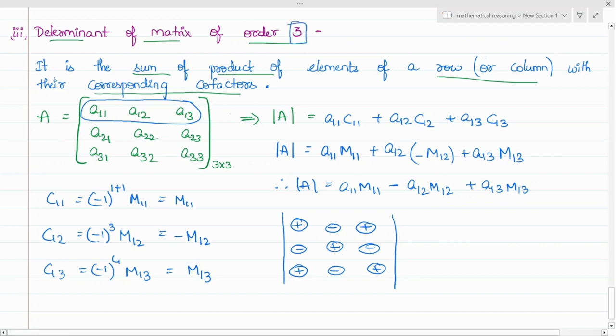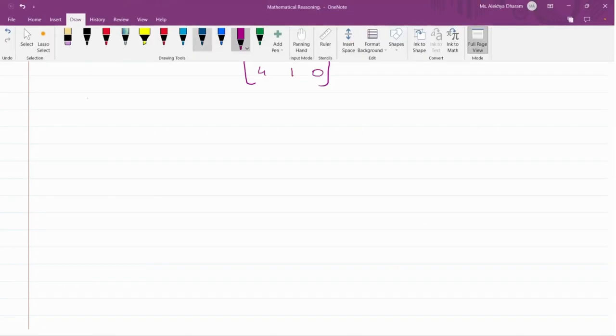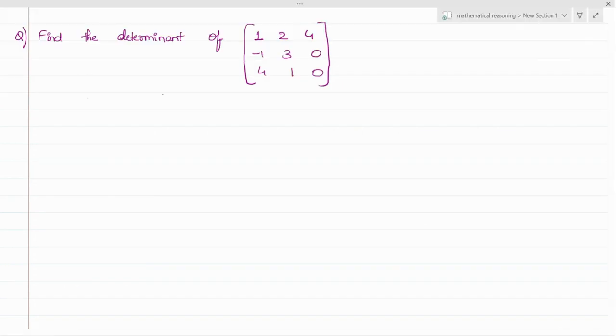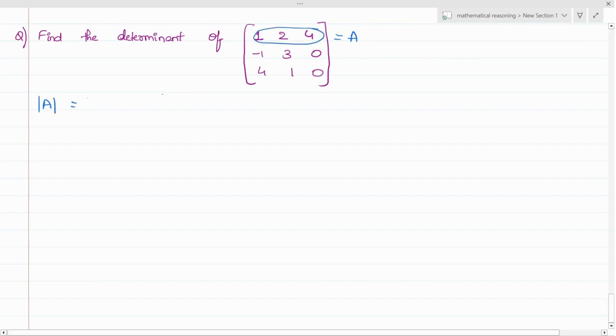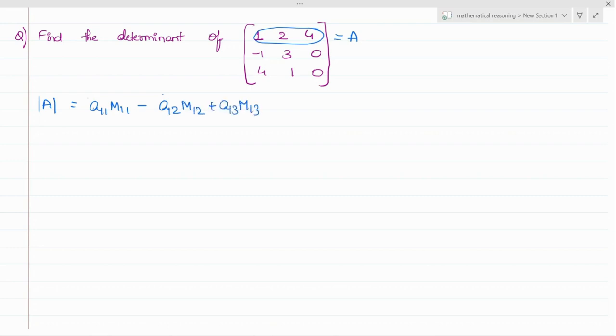So let's see an example for this. In this question, we need to find the determinant of this matrix. Assume this is a matrix A. So we need to find the det of A. That is, let's consider this row. So it becomes A11 M11 minus A12 M12 plus A13 M13.